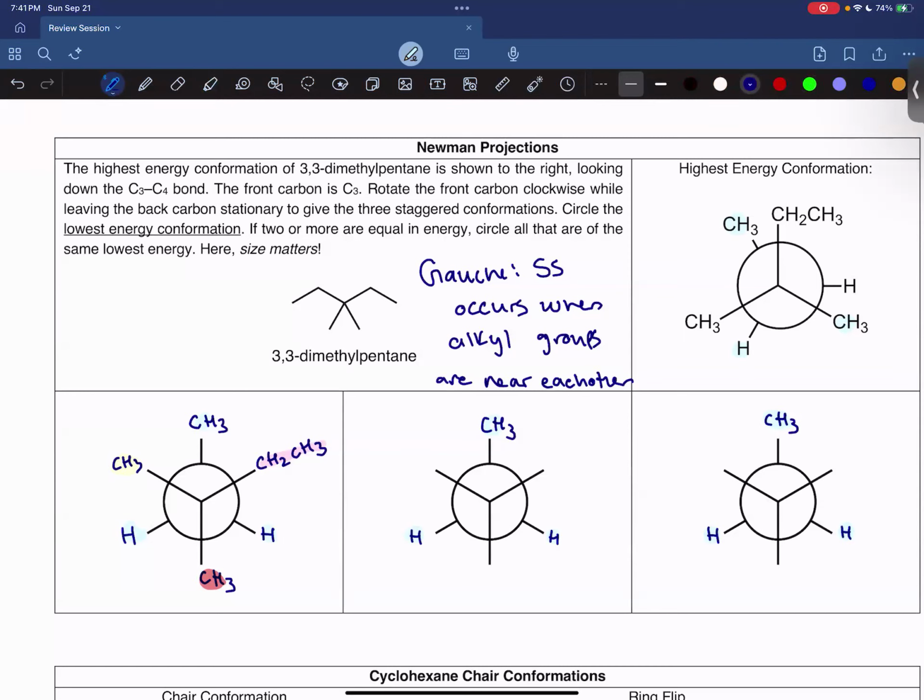So now when we move to the next one, literally all we're going to do is rotate one down. So now this is here. And then we're going to rotate it one more time. So now this is 320 degrees, 180, and 60.